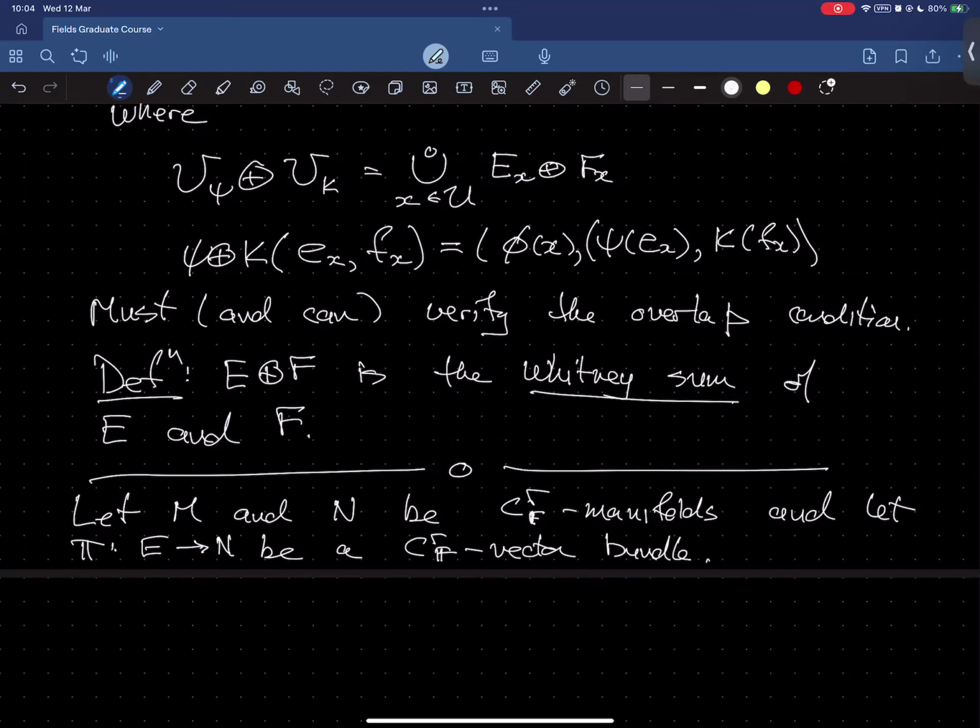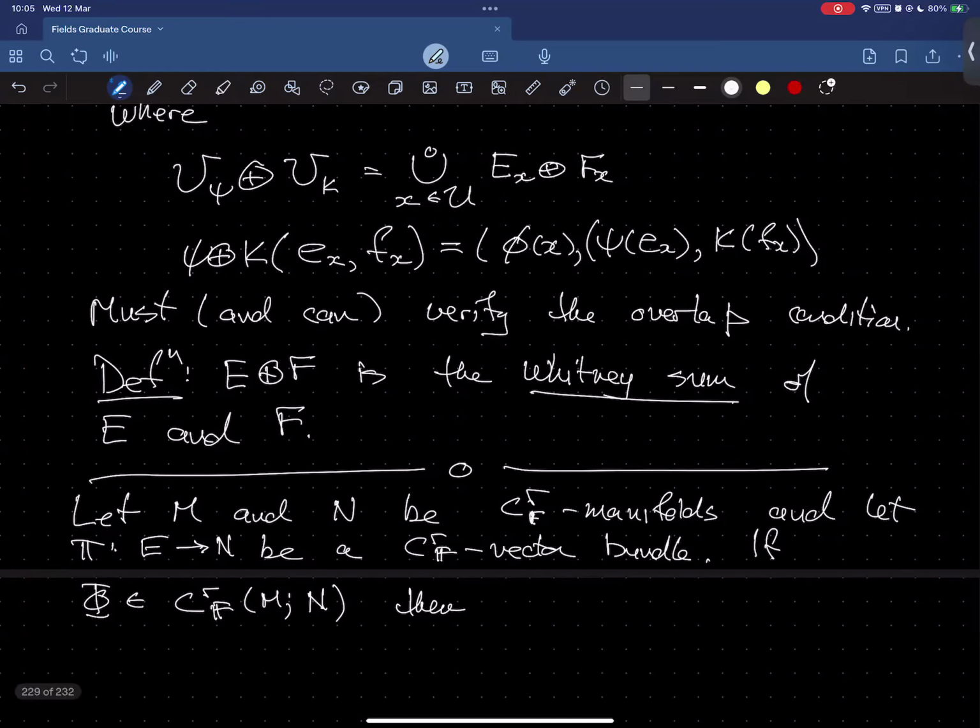So if we have a CR mapping phi from M to N, then you can do this construction that's called pulling back one vector bundle to another. Let's give the definition.